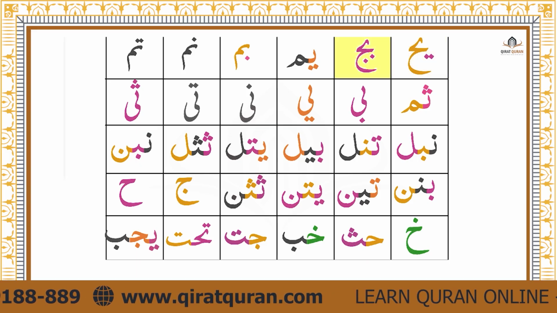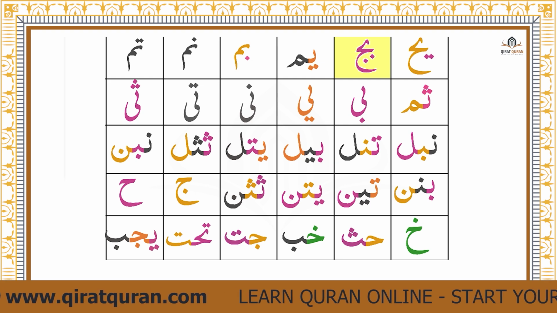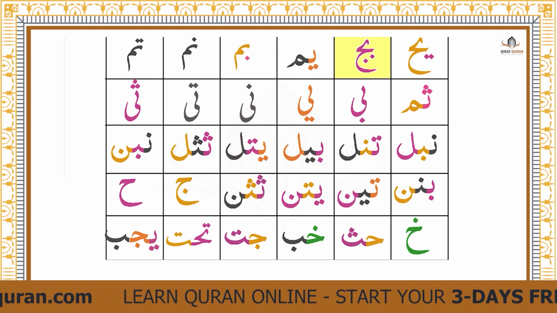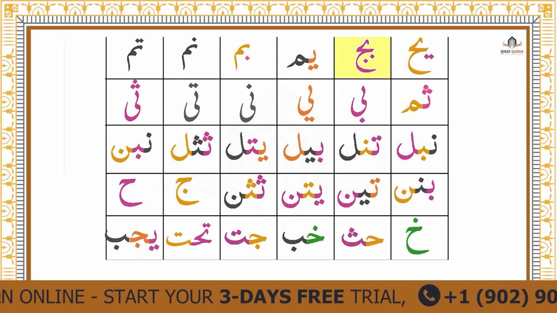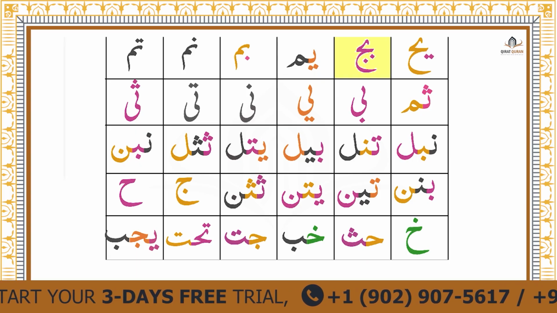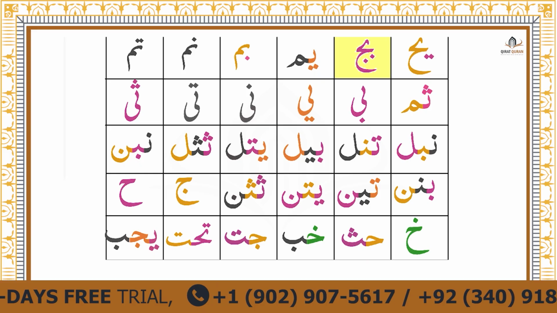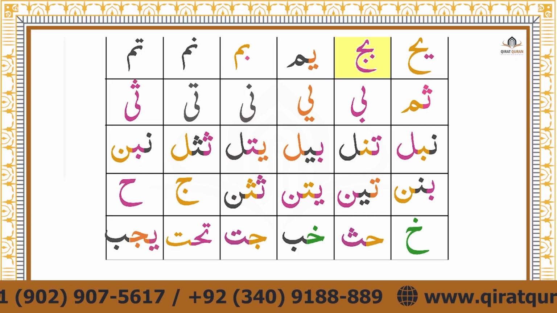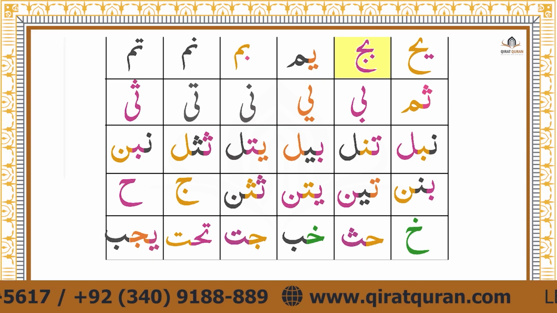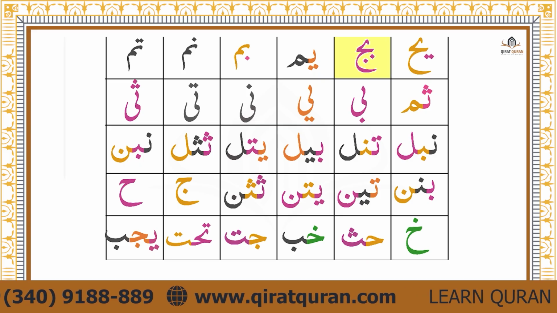The next one, we have two letters here. The first one is a letter having a dot at the bottom, and we know that the letter which has one dot at the bottom is Ba. So the first one is Ba.